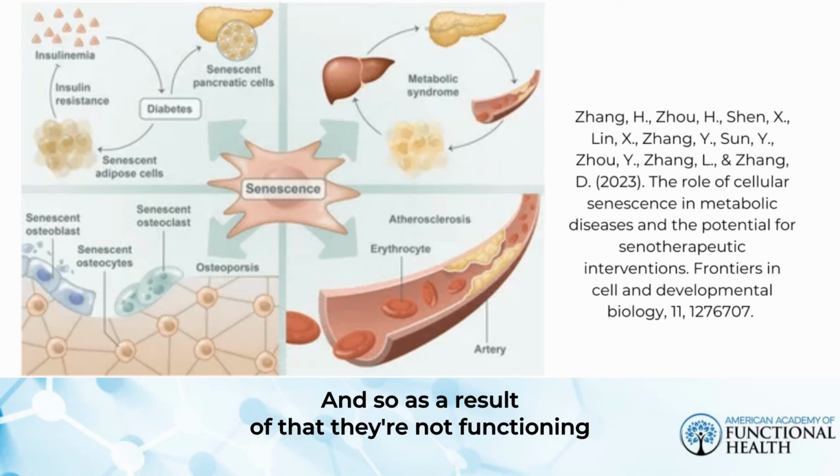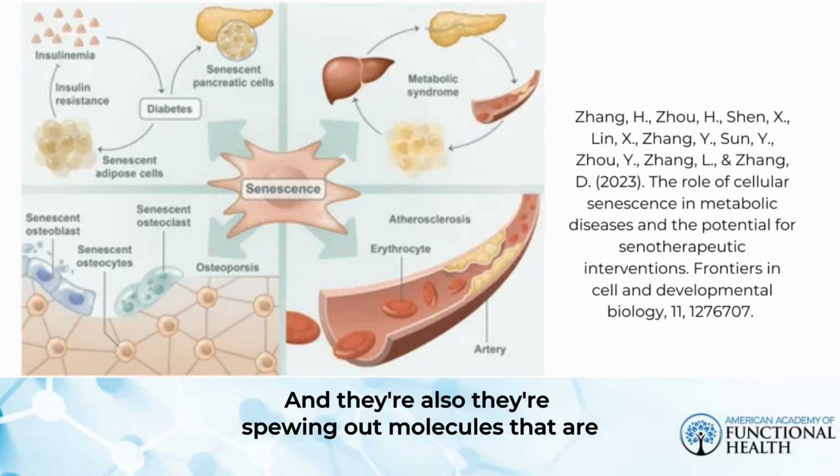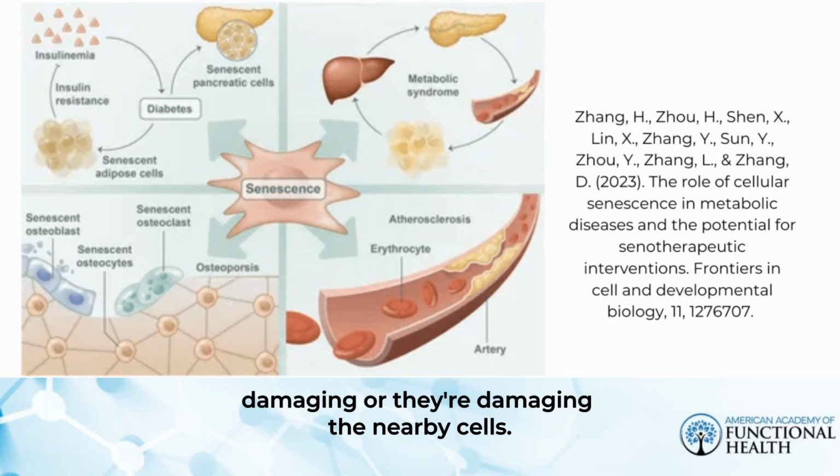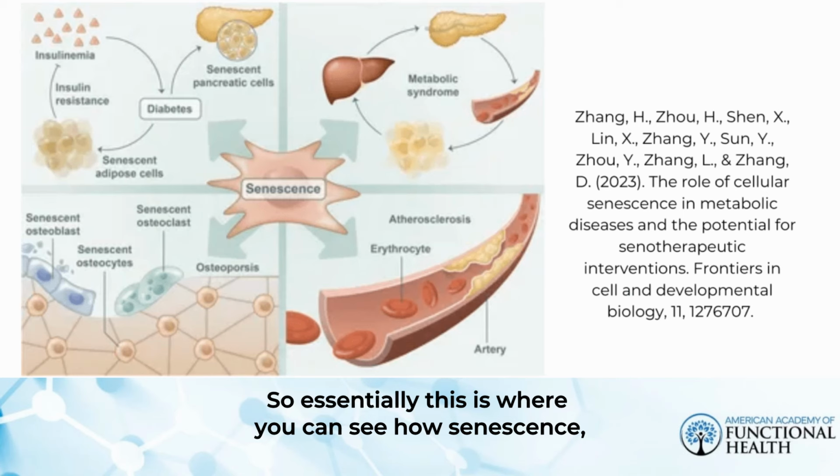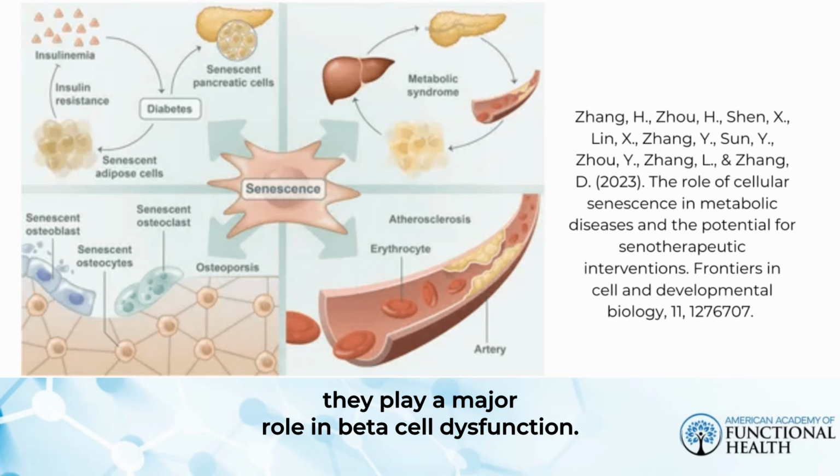And as a result of that, they're not functioning as well, and they're spewing out molecules that are damaging the nearby cells. So essentially, this is where you can see how senescent cells in the pancreatic beta cells play a major role in beta cell dysfunction.